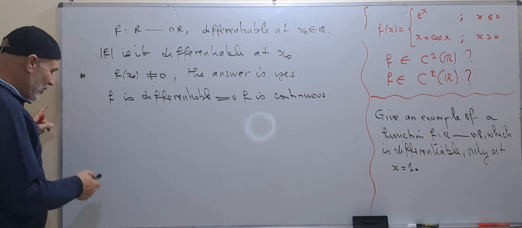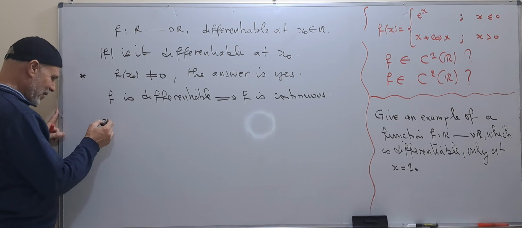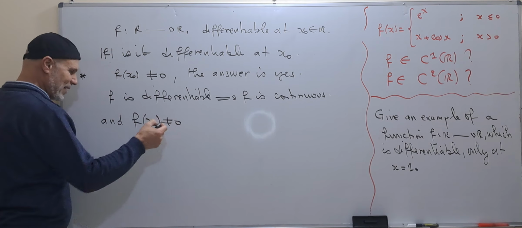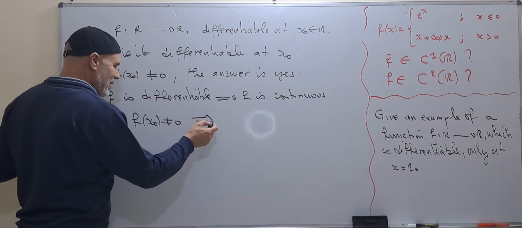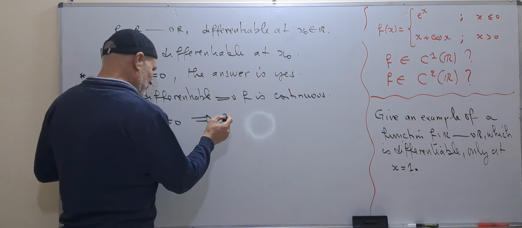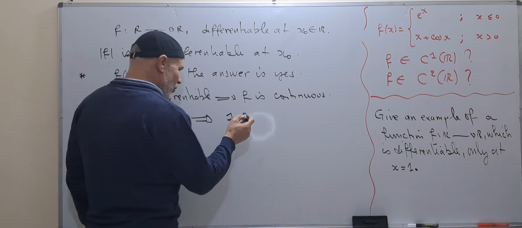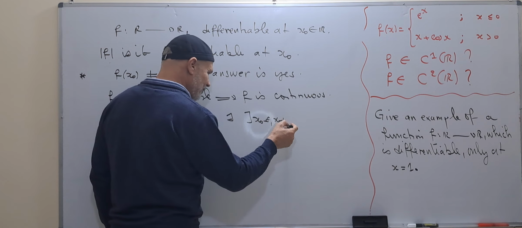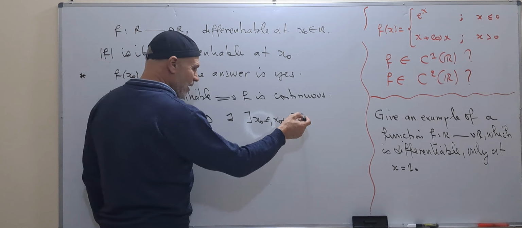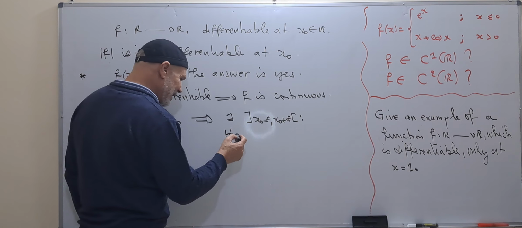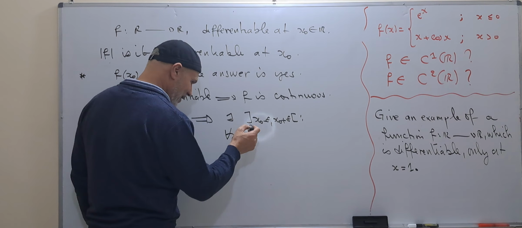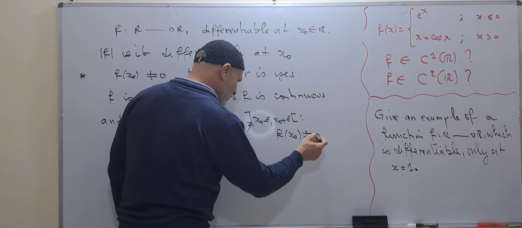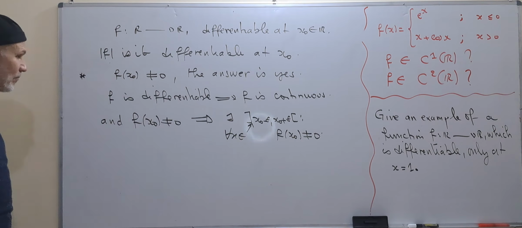If f is continuous and f of x0 is different from 0, this implies that there exists a neighborhood of x0 such that for all x in this neighborhood, f of x is different from 0.